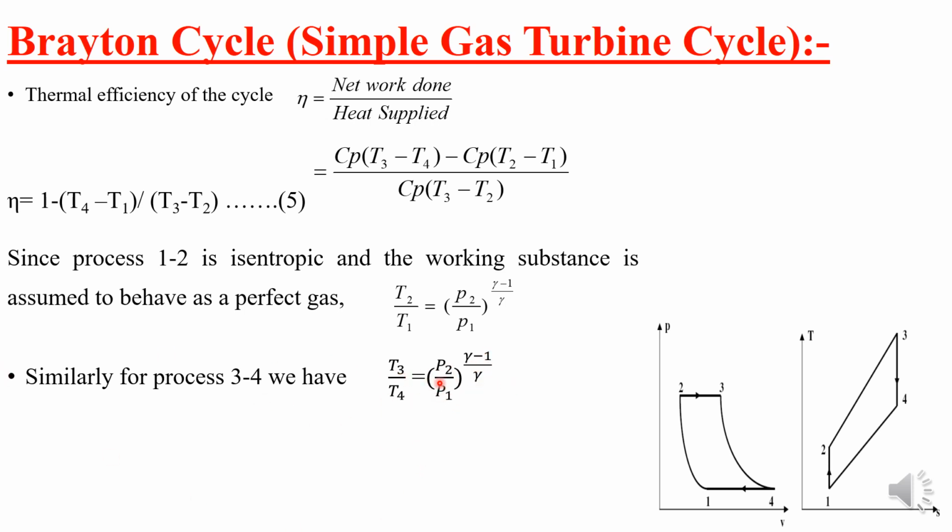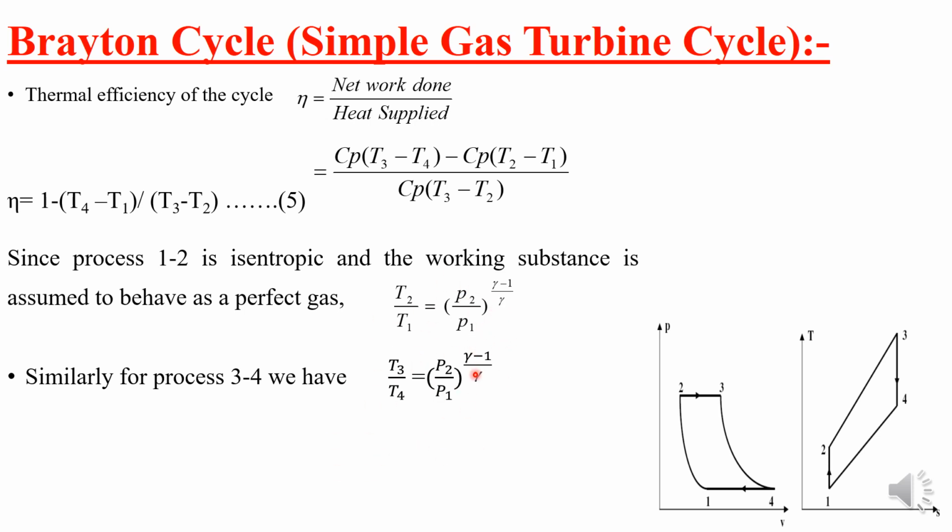Remember how you got P2 by P1: P3 is nothing but P2 and P4 is nothing but P1, so you can write T3 by T4 also as P2 by P1 to the power gamma minus 1 by gamma. In this way you can write the expression for T2 by T1 and T3 by T4 in terms of P2 by P1.